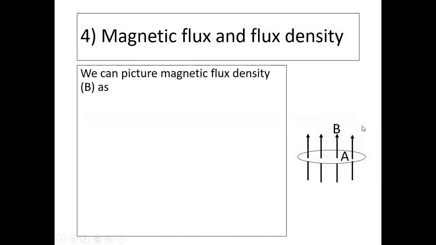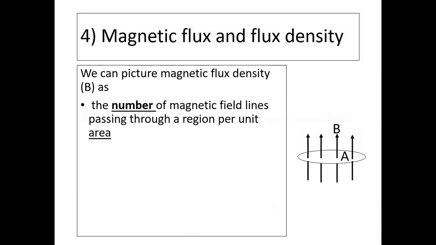How to visualize the two? How to picture the two of them? Magnetic flux density B is the number of field lines passing through a region per unit area in a particular direction, and it is a vector quantity.